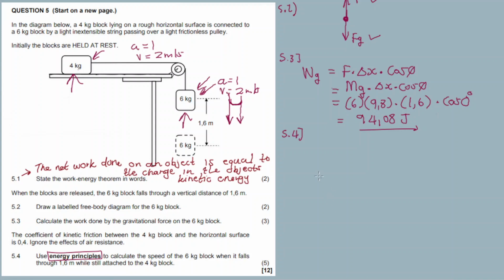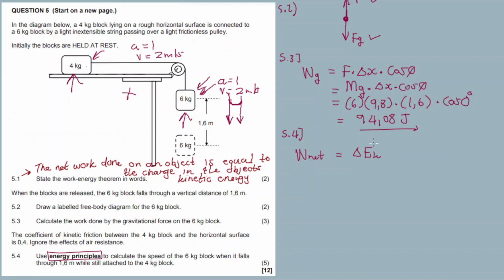So look now, net work done is equal to the change in kinetic energy, right? So you understand that you will use the change in kinetic energy. But for which block, the 4 kg or the 6 kg?